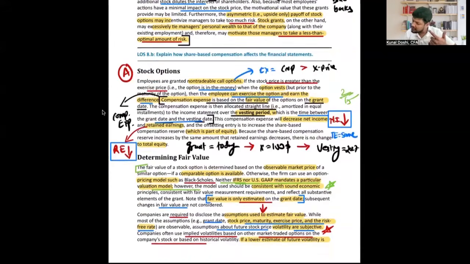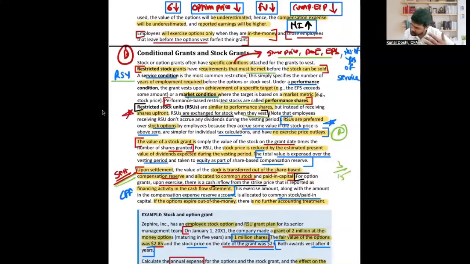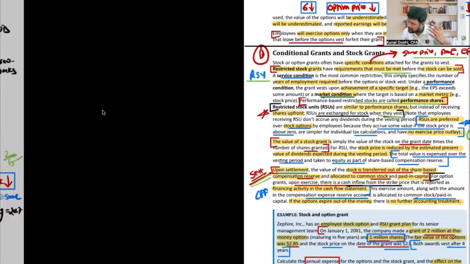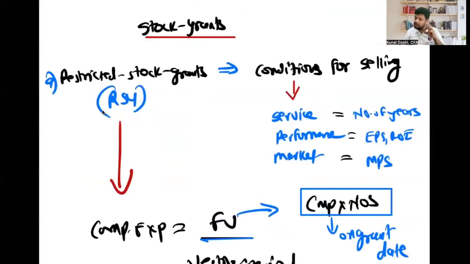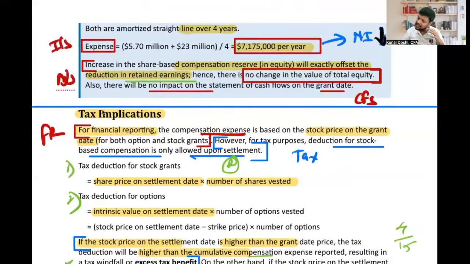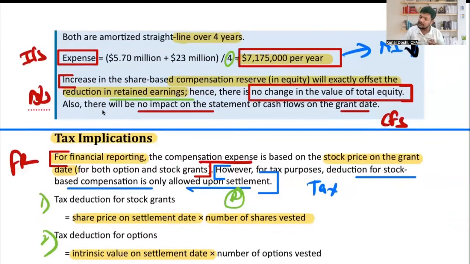In fact, if you see the example that we did in the class, we calculated the value of option and stock grants, which was given to us based on the market price. And put together, that was divided by the vesting period, straight line. This is the compensation which will be recorded in the income statement each year. All right, correct. Understood how the expense will be recorded?